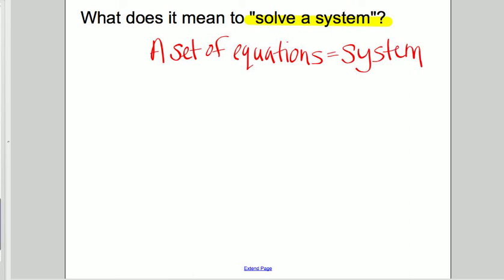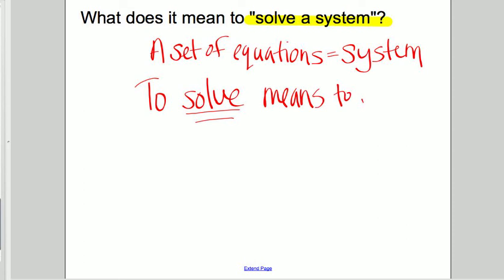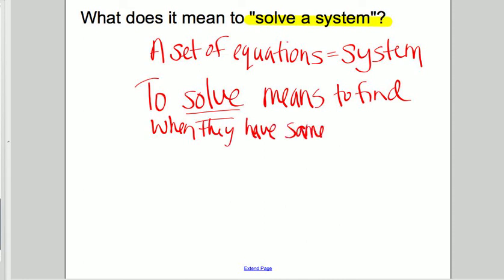To solve means to find when they have the same solutions. That's what it means to solve. We're looking for when they have the same solutions.